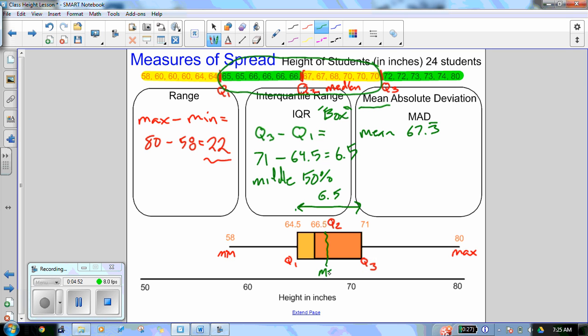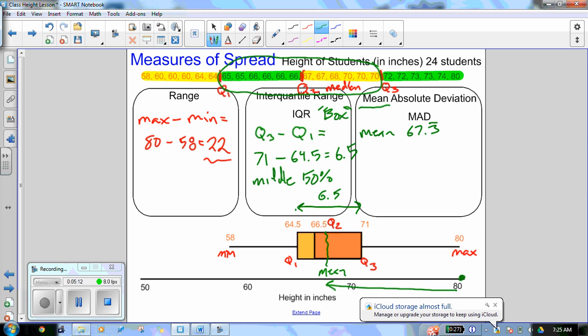So here's where the mean is. The mean absolute deviation is how far away you are from the average of the class. Okay, so if you look at this person at the max at 80 inches, how far is 80 away from the average? So you'd simply take 80 minus the average, okay?